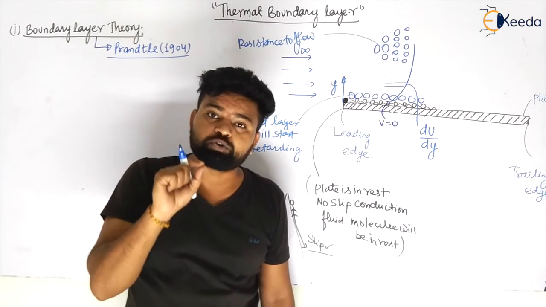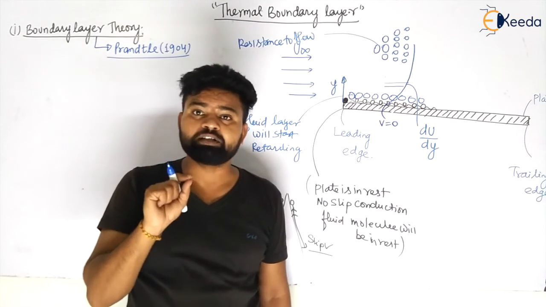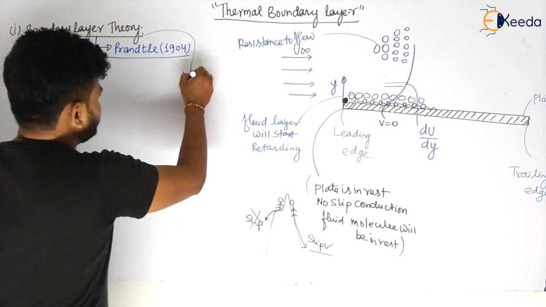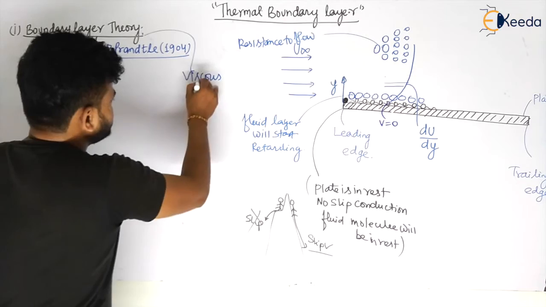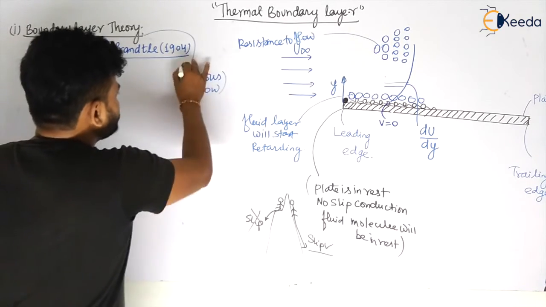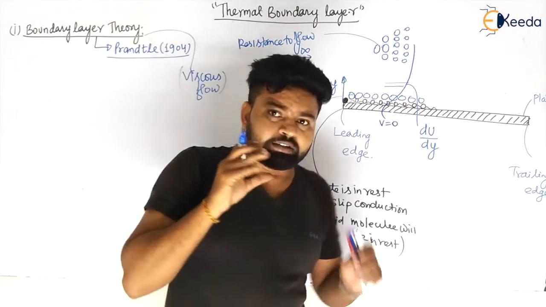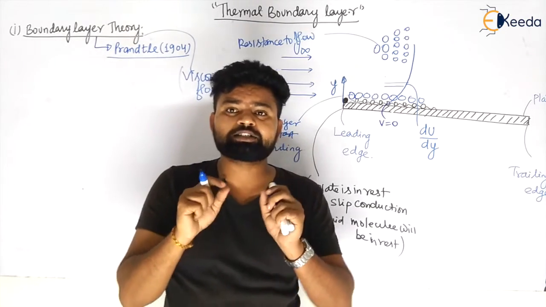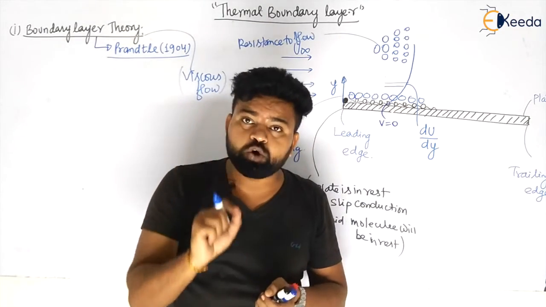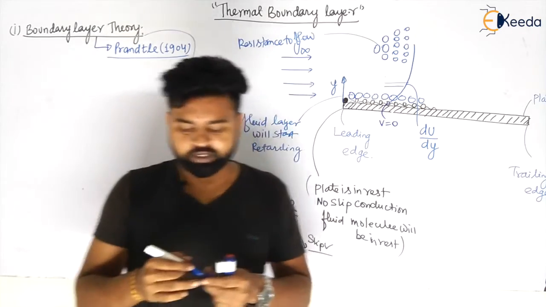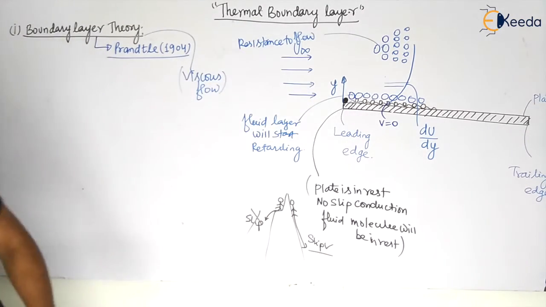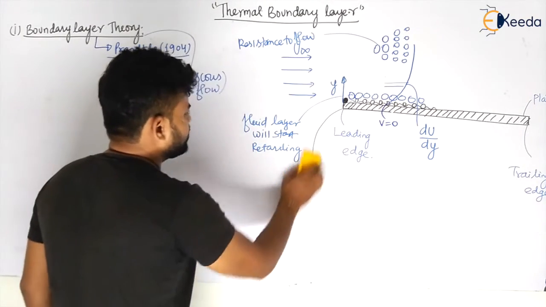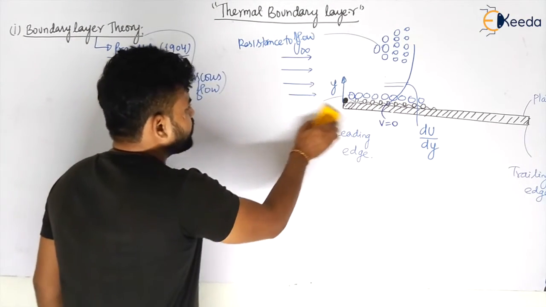Up to where these velocity gradients exist, there will be a boundary layer, my dear students, and this will be your viscous flow. The region where all the velocity gradients exist is called your boundary layer.